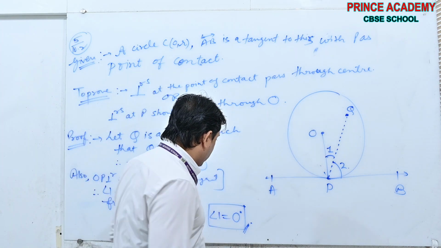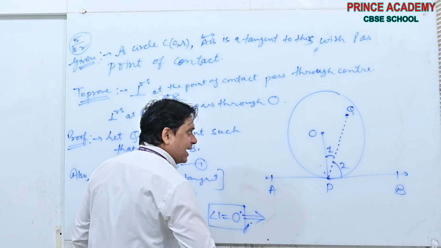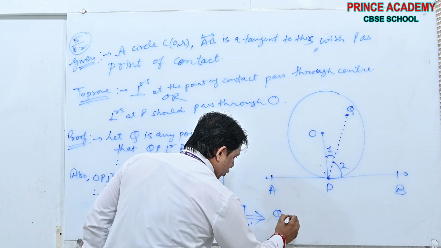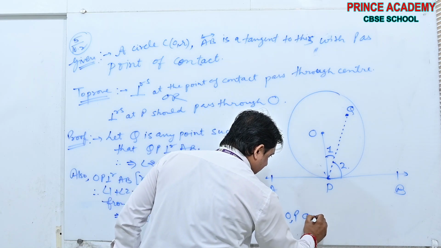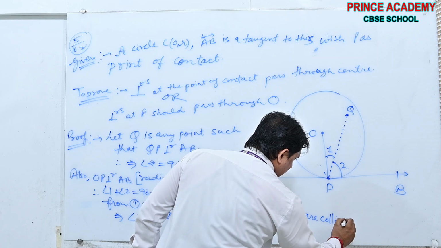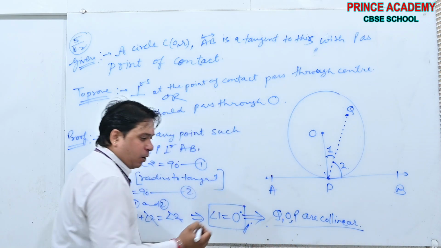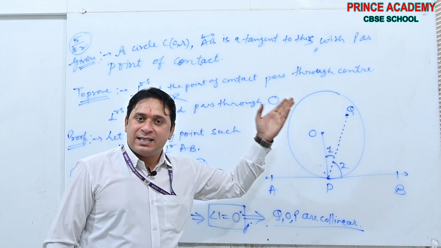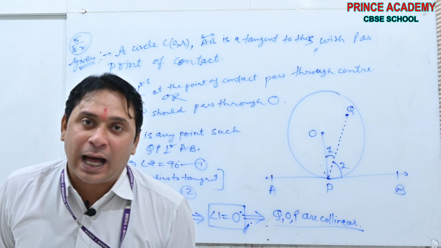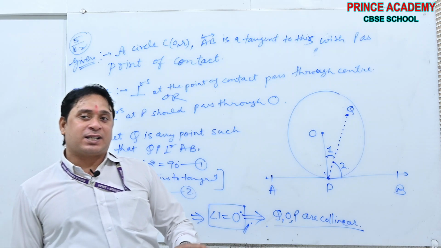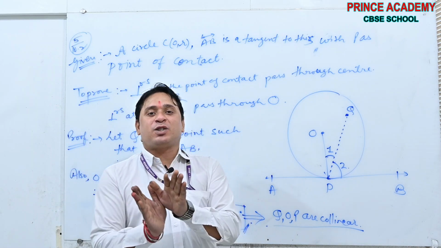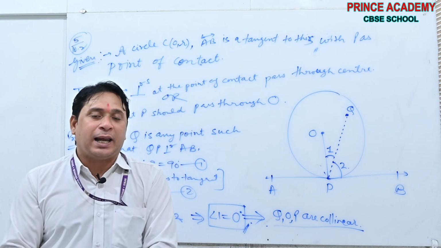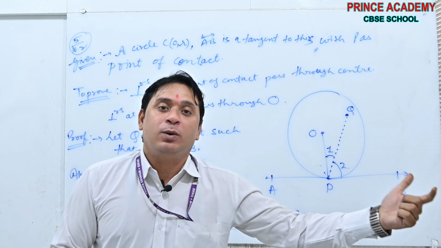This implies that Q, O, P are collinear. Collinear, yes or no? Okay beta, hence this is proved. Hence proved, all the perpendiculars at the point of contact P will definitely be collinear with O.